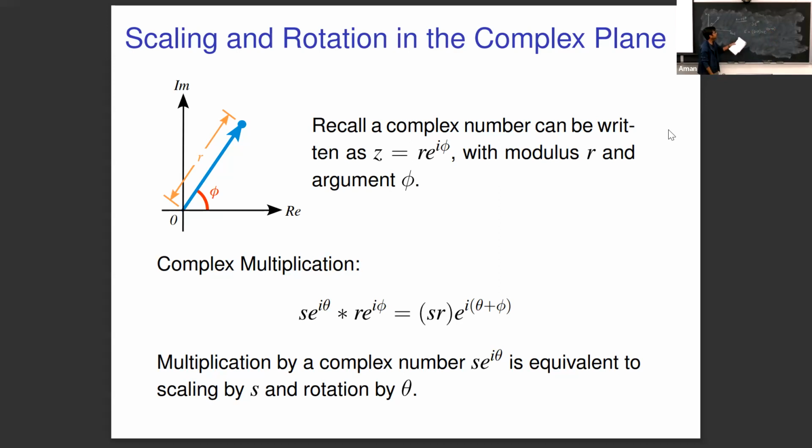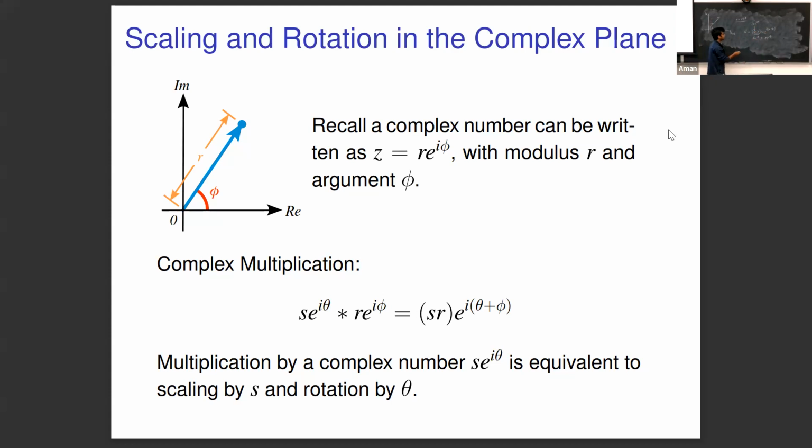It's just complex math. So this is just s e to the i theta times r e to the i phi, and that becomes that, right? So by doing a complex multiplication between two numbers, we have scaled this vector z to z prime, where the length of the vector has increased by a factor of s, right? It was r before, and now it's s times r, and also the angle of the segment has changed by theta degrees.